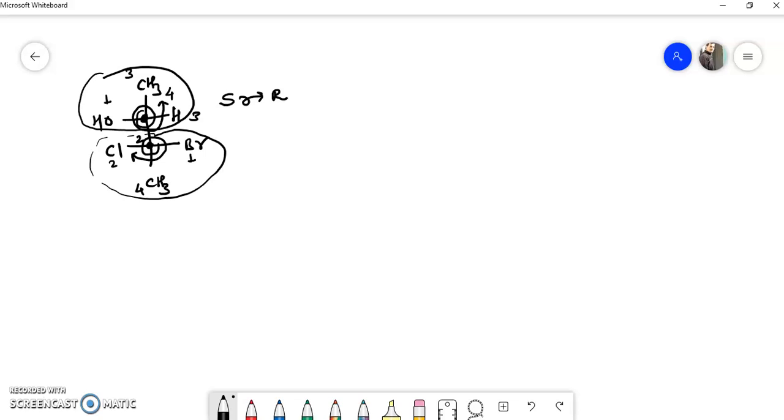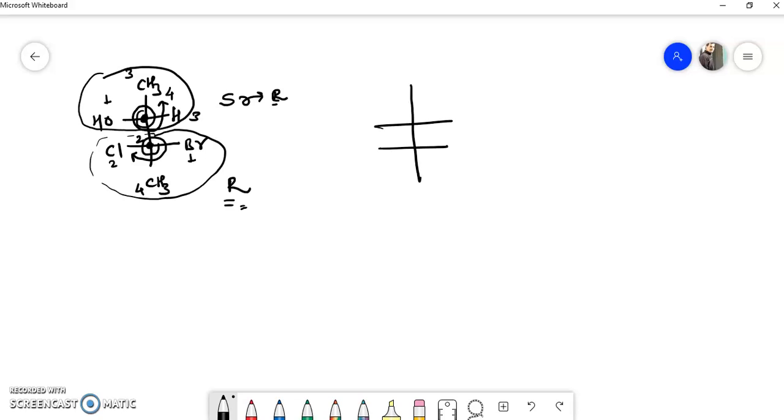So it is clockwise, so it will be R, and the lowest priority group is also on the vertical line, so it is R. So the configuration of this carbon is also R. Okay, so in this way we can give the RS nomenclature to the isomer in which there are two stereogenic centers. Okay, I will take another example.